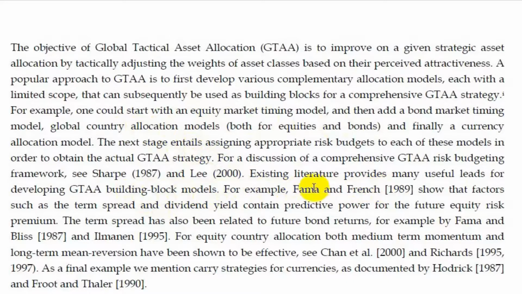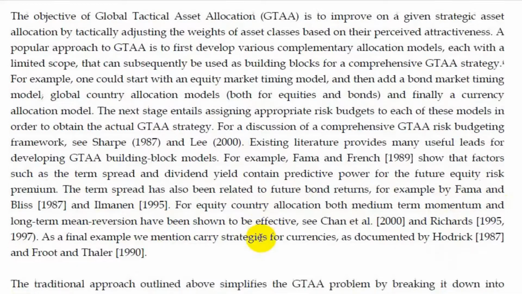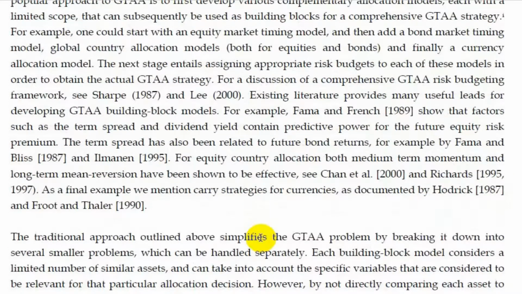And so a lot of other previous researchers have found different ways or different models, for instance the term spread and the dividend yield, and predicting the equity risk premium. And then the same thing can be done with the bonds, and even momentum or mean reversion can be used for country allocation, or maybe even carry strategies for currencies.